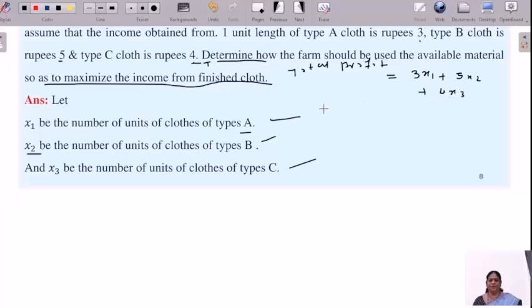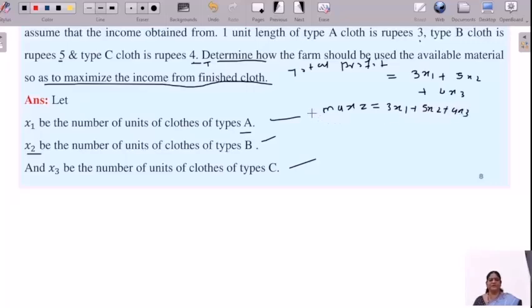But profit must be maximized. Therefore, our objective function is maximize z equal to 3x1 plus 5x2 plus 4x3.